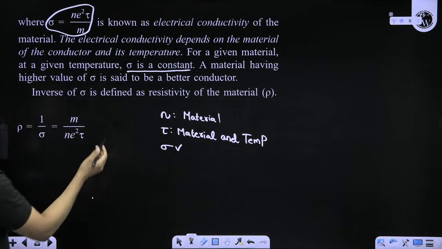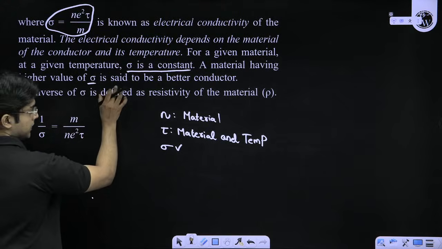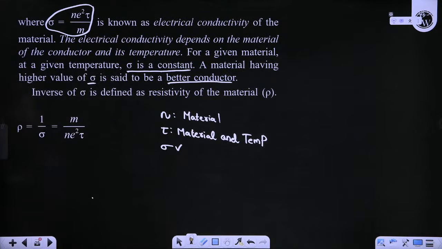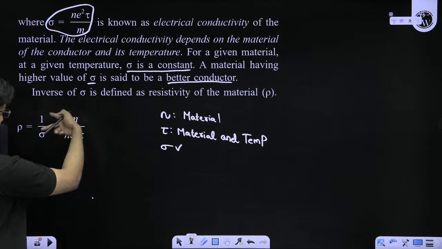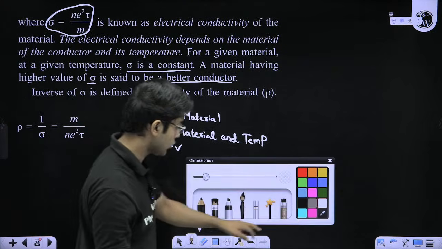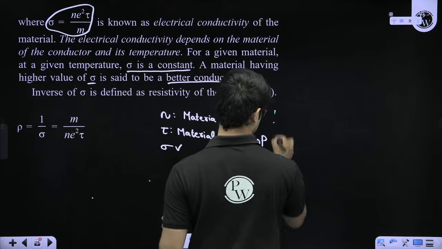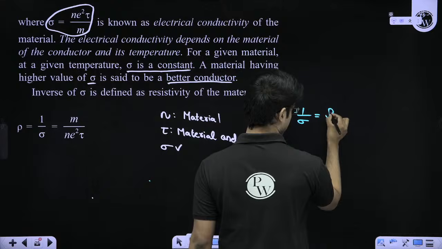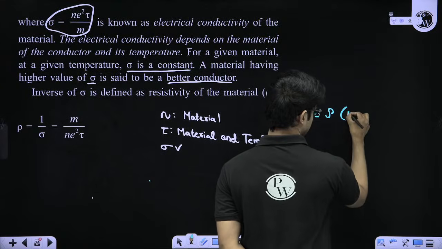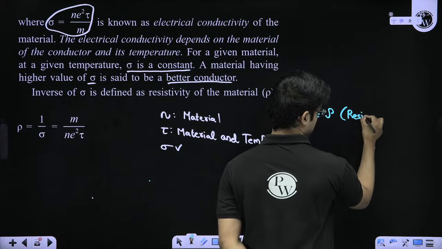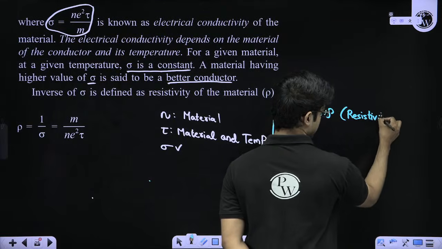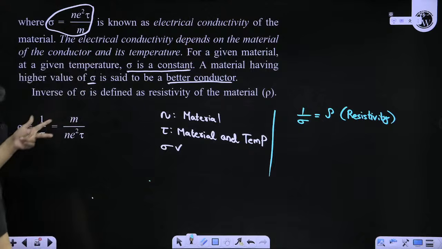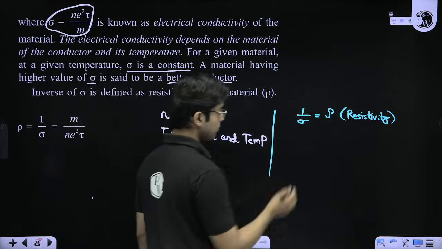A higher value of the conductivity means it is a better conductor of current. Then the inverse, 1 by sigma, these are all important formulas itself. 1 by sigma is called the resistivity, rho. It will be m by ne square tau. Just flip the previous formula.